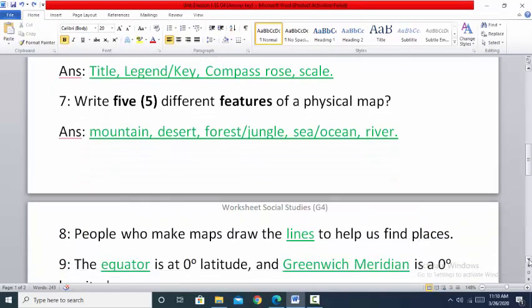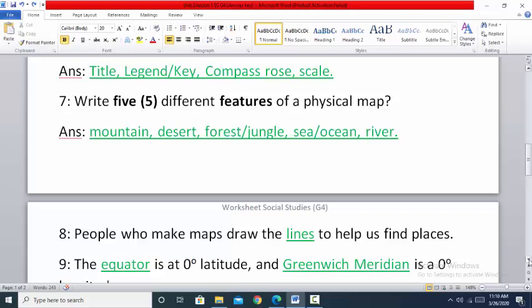Number 7, write 5 different features of a physical map. What are the things that distinguish the physical map from any other maps? The physical map actually shows mountains, deserts, forests or jungles, seas and oceans, and rivers.